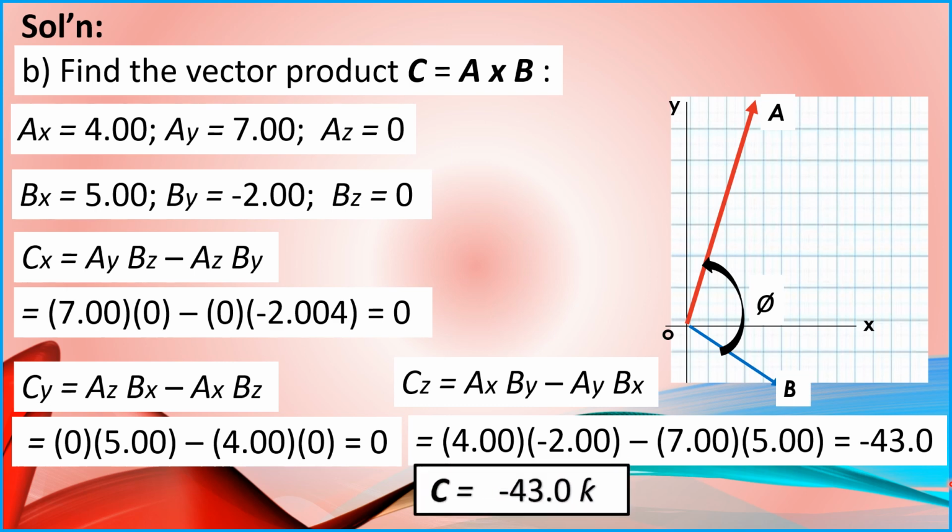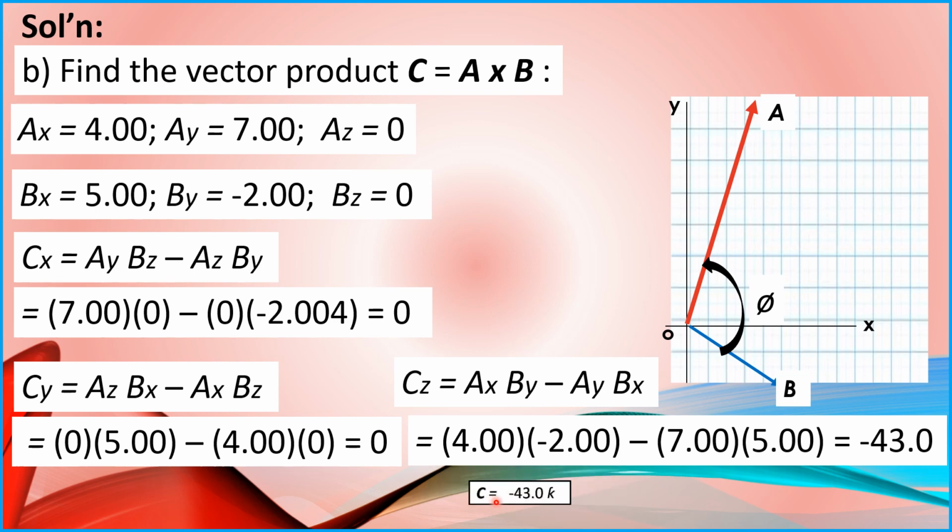So we conclude that the vector product A cross B, labeled here as vector C, is equal to negative 43.0, and it is also represented here by the unit vector k, meaning this vector product is indeed directed along the z-axis.